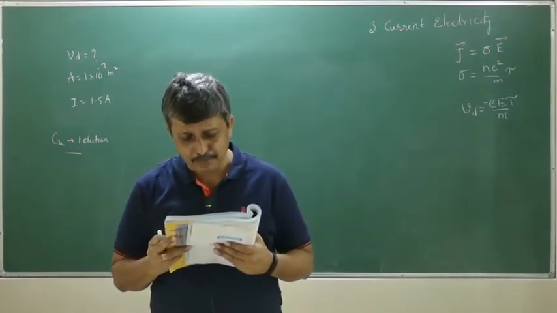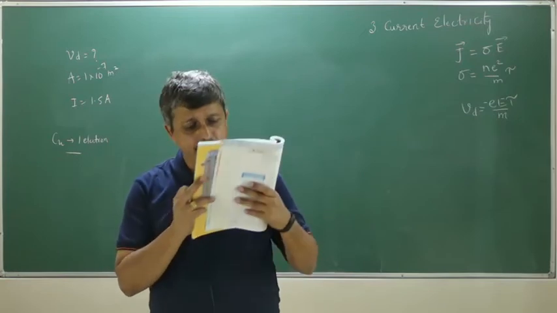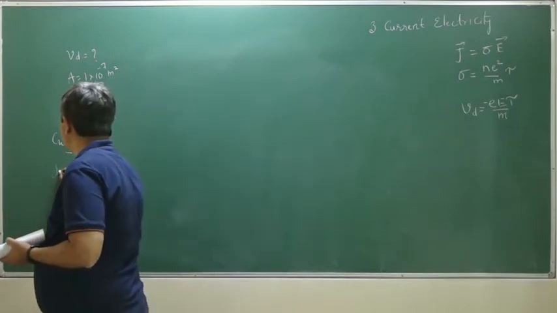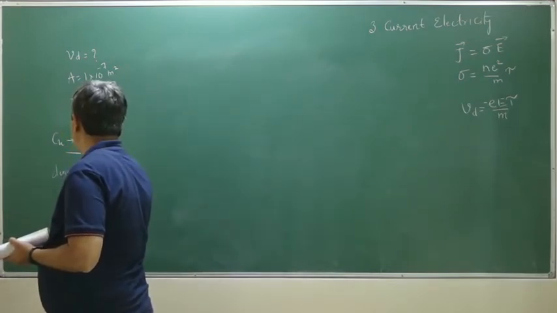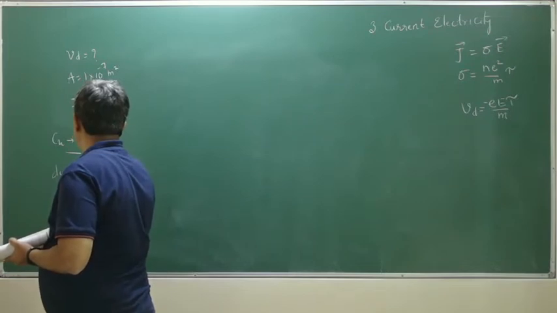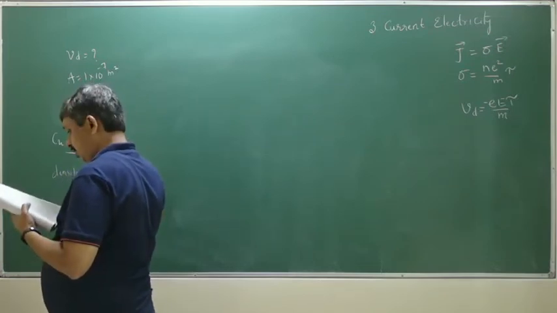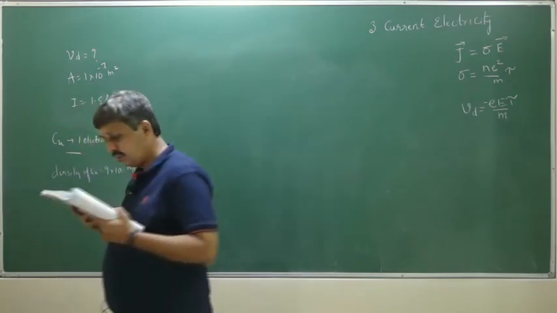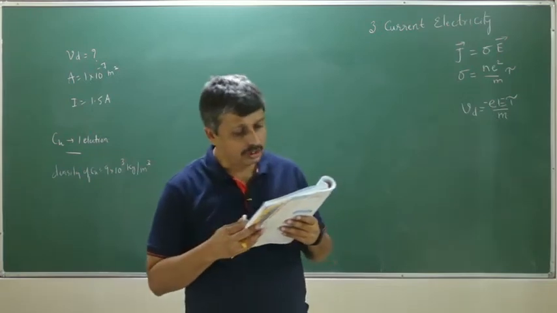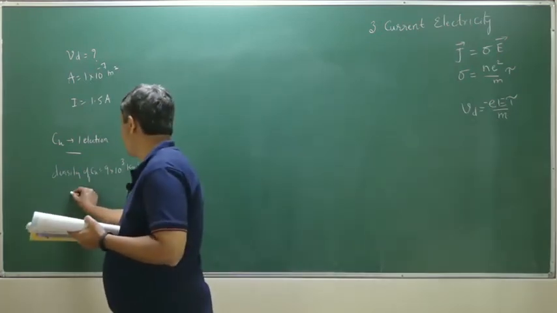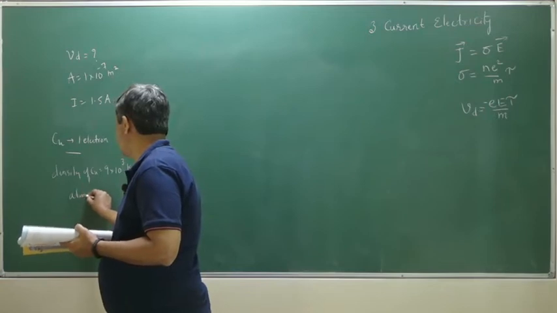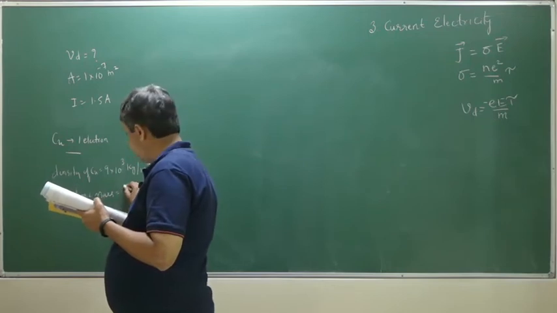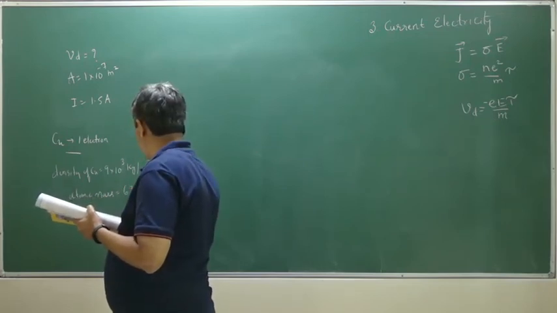The density of copper is 9 into 10 to the power of 3 kg per meter cube. And also its atomic mass is equal to 63.5 atomic mass units.